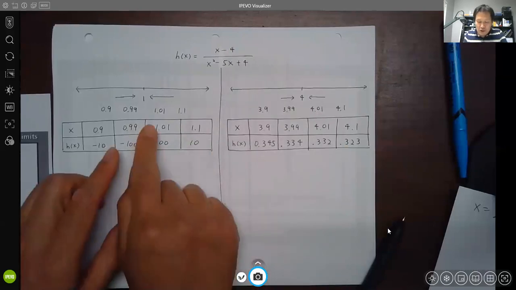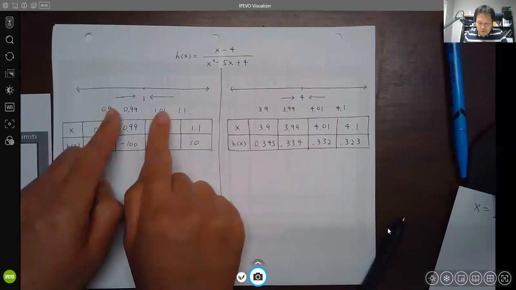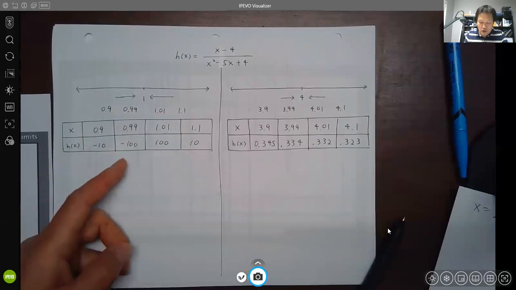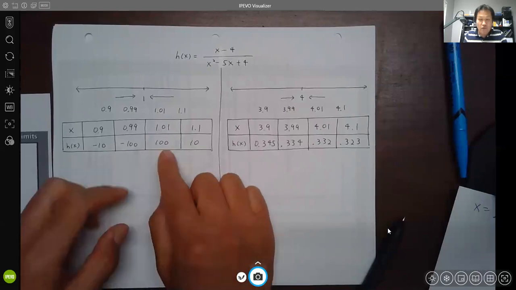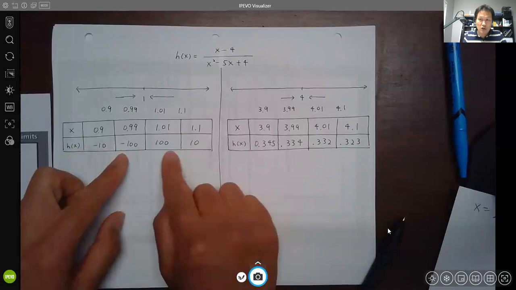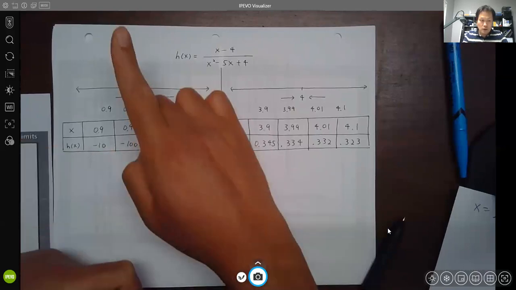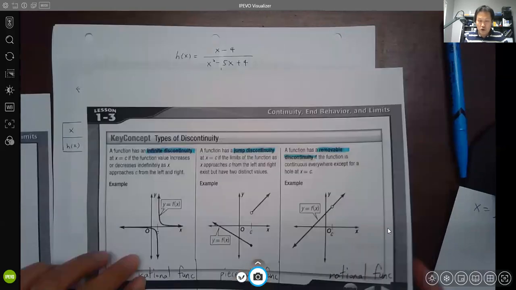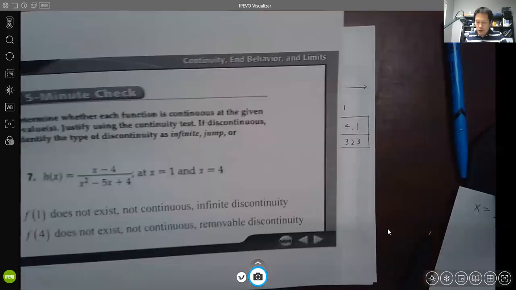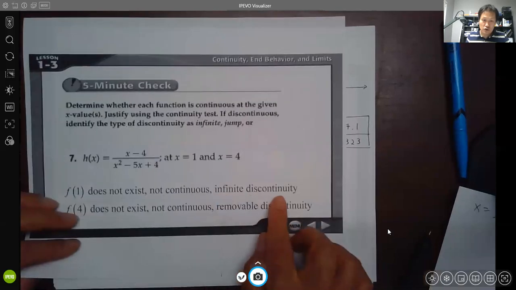Okay, so if you plug in x values as the following, just like the previous question, it's very high here, very low here, and the values are changing rapidly. So you know it's this kind of situation. So it will be infinite discontinuity.